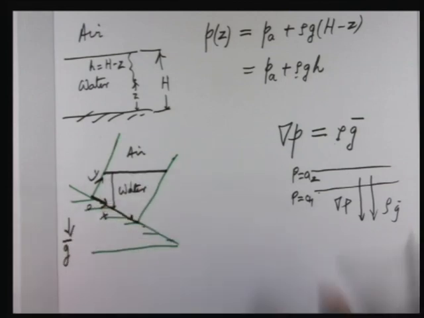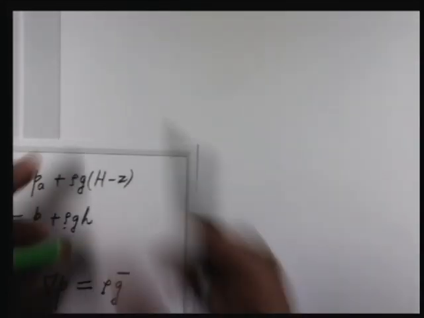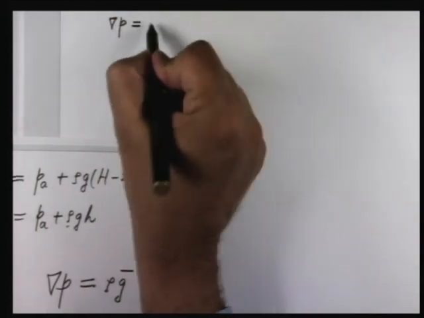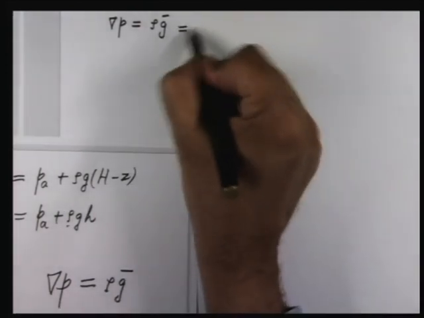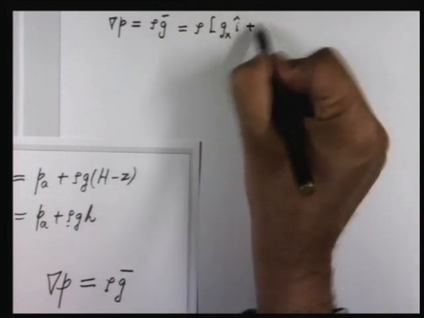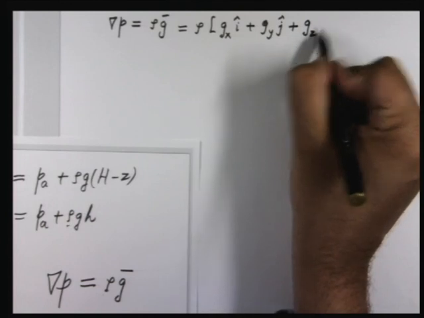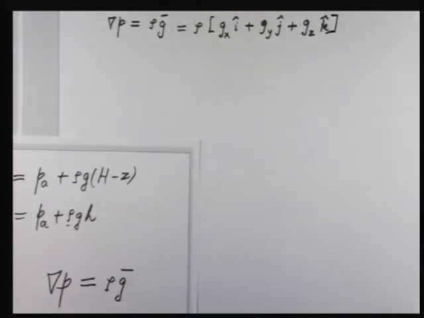So let us go back and solve that equation again. The basic equation is grad P is equal to rho g. So this I can write as rho into (gx i plus gy j plus gz k), where gx, gy, gz are the x, y, z components of the gravity vector, and this will depend on your choice of coordinate system.